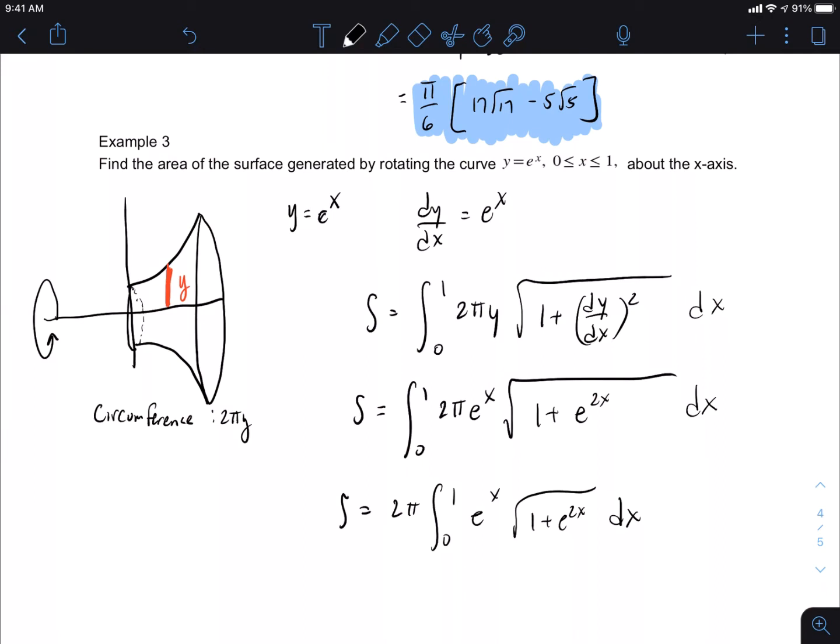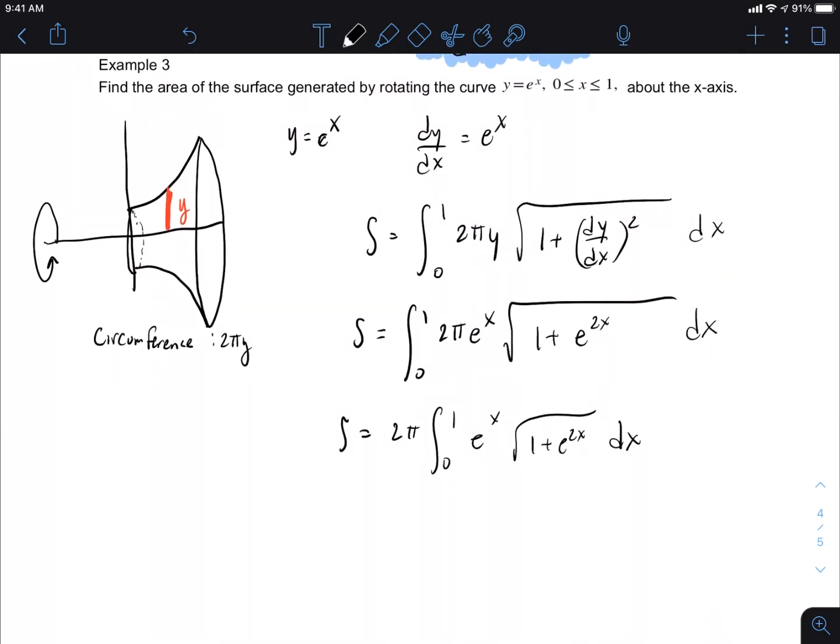What technique would you do if this was a problem I gave you on the exam? Is it U sub? Sweet. Nice job, Brian. It is a U sub that we would do here.